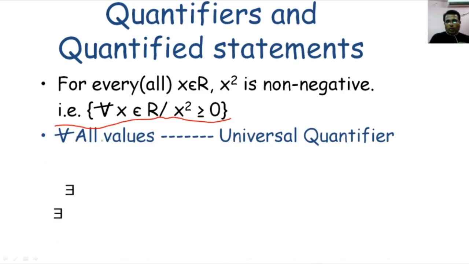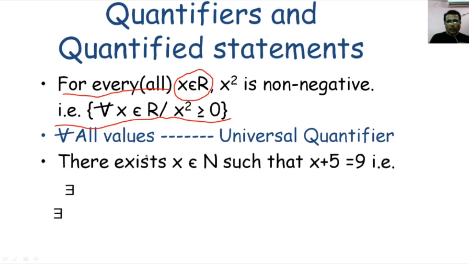These words, for all, for every, are used to denote quantities, that is why they are called quantifiers. And since we are taking all values from the set, for example here all real numbers, it is called the universal quantifier.